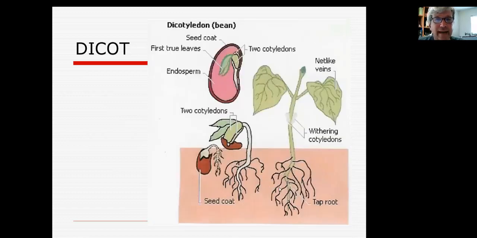When we look at a dicot, being the bean plant, again, you have the little embryo inside, and when it germinates and comes up, these seed leaves, which is this large endosperm inside, that's the cotyledon. So when it comes up out of the ground, that's protecting the true leaves till it gets up, and then they separate out. But there's two of them, so those are the two cotyledons there.